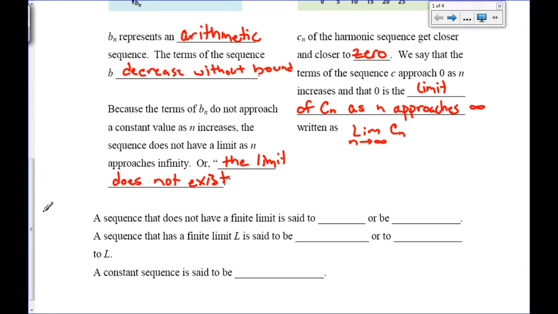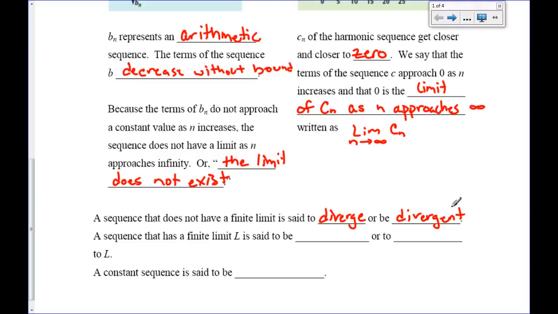Okay? Further on, it says, a sequence that does not have a finite limit is said to diverge, or be divergent. Does not have a limit. Okay?